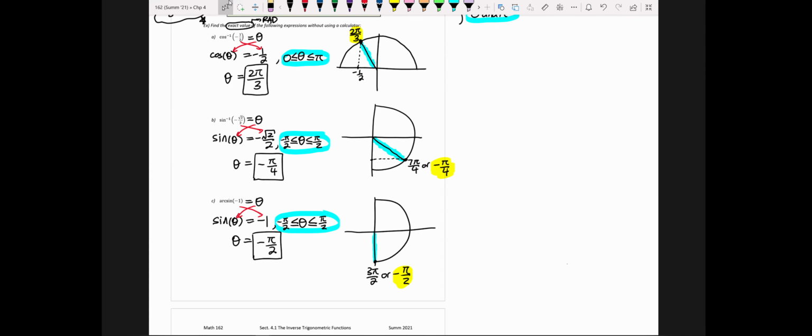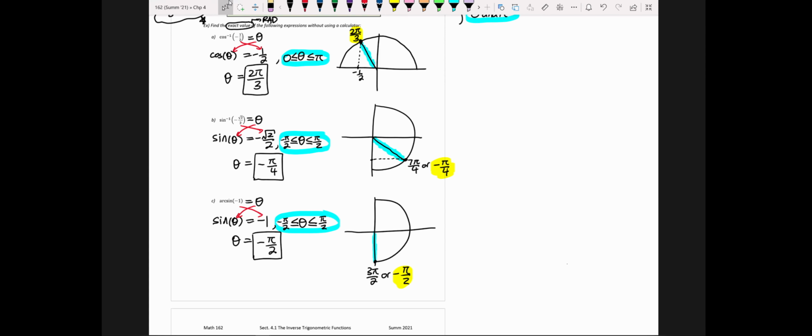Okay, so our goal is we want to find theta such that theta is between 0 and pi and satisfies the equation. So let's see. Our x coordinate is negative 1/2 right here.